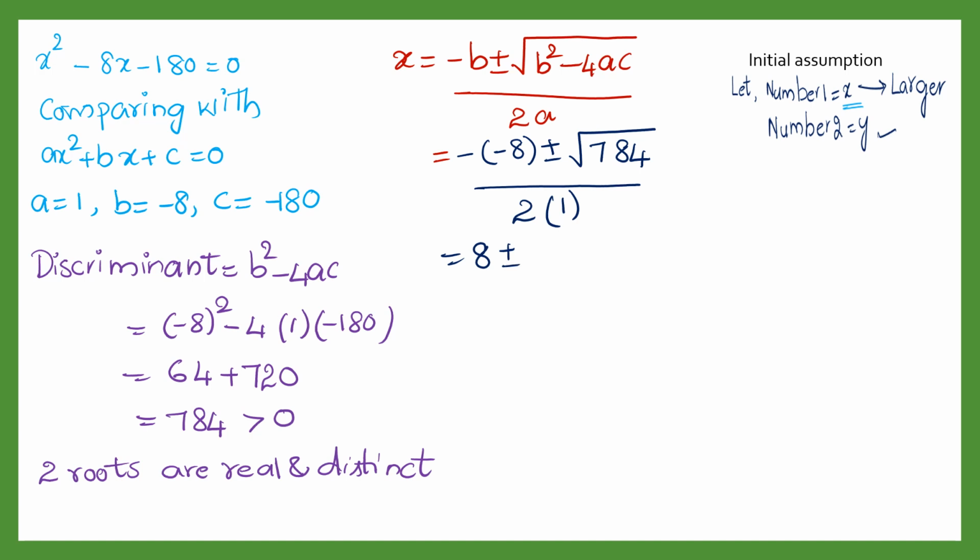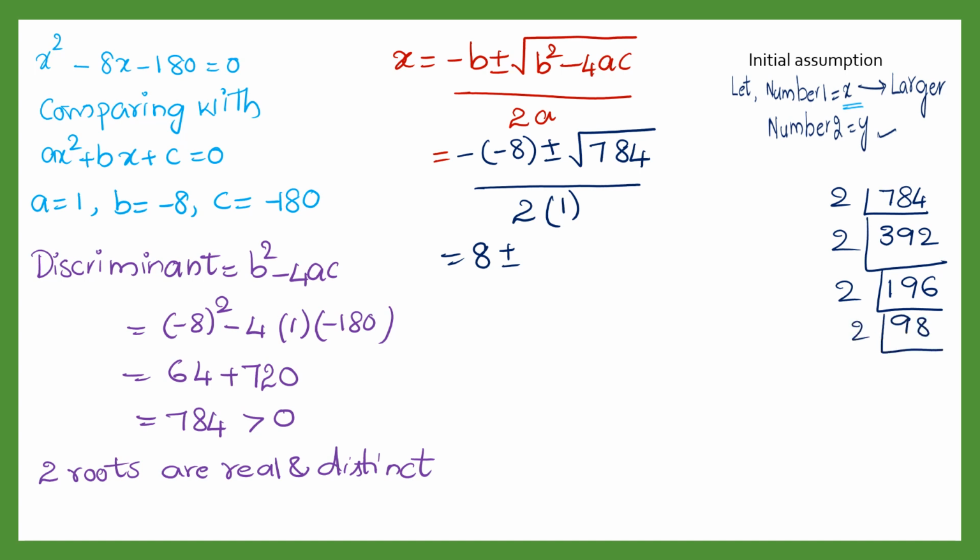If you don't know this directly, what should you do? Do the prime factorization of 784. 2 fours are 8, 2 nines are 18.